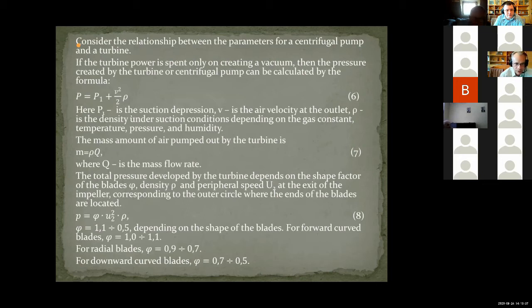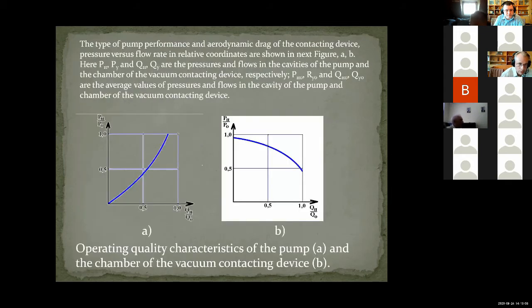Here, P1 is the suction depression, V is the air velocity at the outlet, and rho is the density under suction conditions, depending on the gas content, temperature, pressure, and humidity. The type of pump performance and the aerodynamic drag of the contact device.